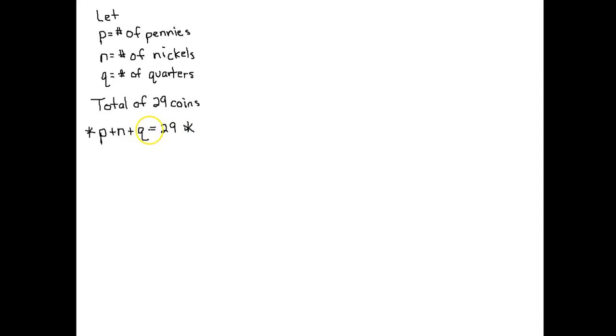Then it says the number of quarters is 8 less than the number of pennies. You can actually take the words and translate directly to math. Number of quarters, that's our Q, is means equals. 8 less than means you're subtracting 8.